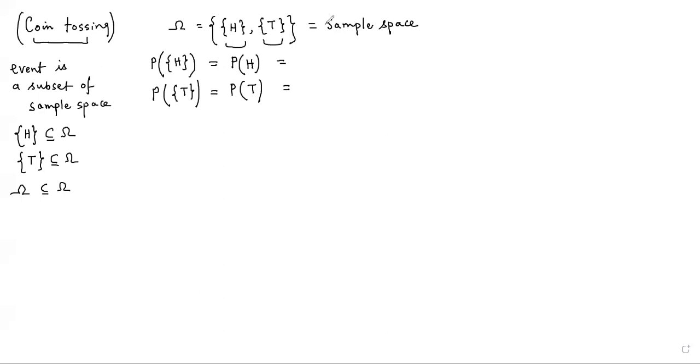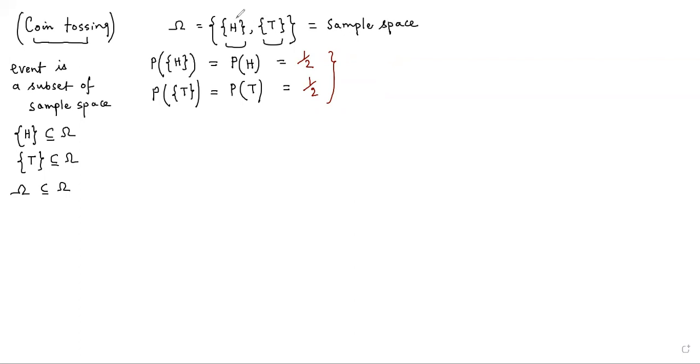So 1/2 and 1/2. Yes, 1/2 and 1/2. But how do you get this probability? How did you calculate this probability? You calculated it by simply using the classical definition of probability: favourable number of cases by total number of cases.